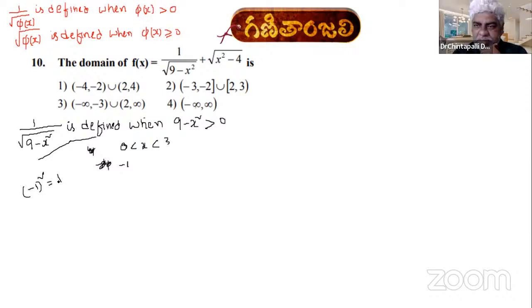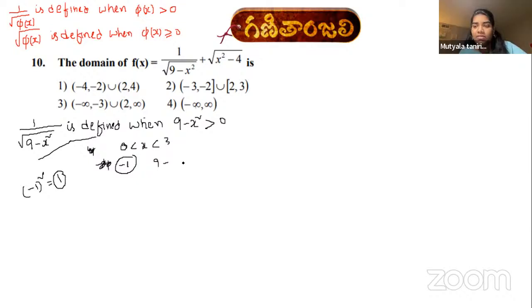Plug in minus 1 for x: 9 minus negative 1 whole square. Negative 1 whole square is 1, so 9 minus 1 is 8. Is it positive? Yes, sir. So minus 1 also satisfies this inequation. So include minus 1 also.